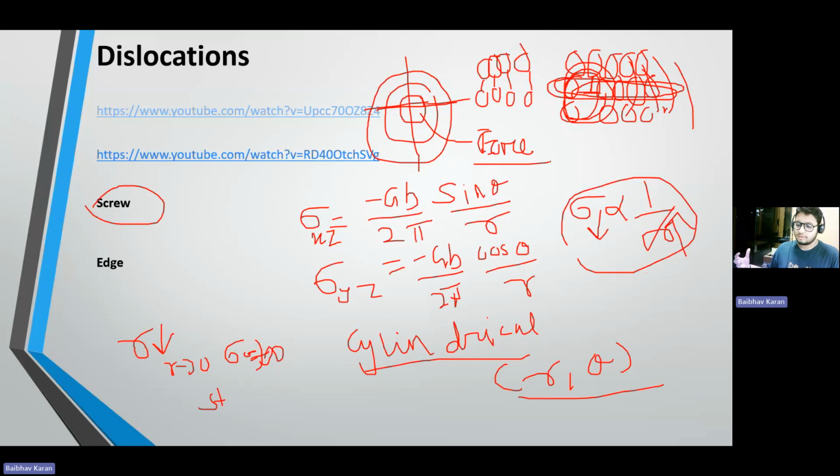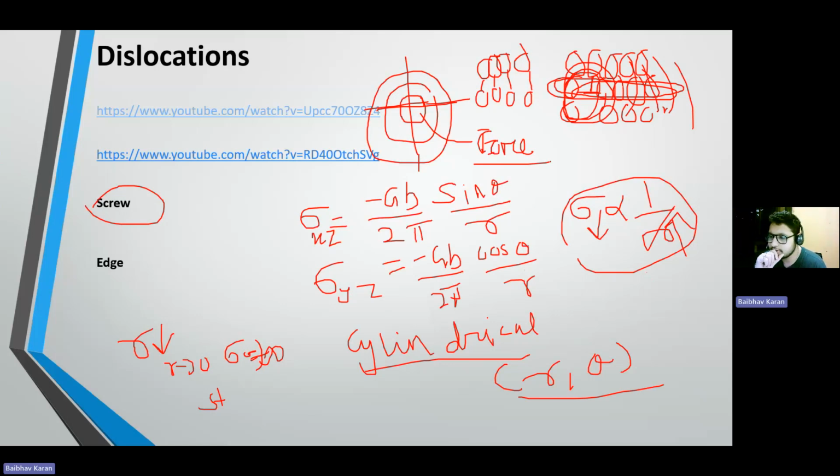More details you can always refer to Professor Shashank's lectures. I'm just giving you a brief idea which will help you to answer the assignment questions. This time assignment questions are purely mathematical and directly based on the concepts. So it's quite easy when you understand what is happening around the dislocation.